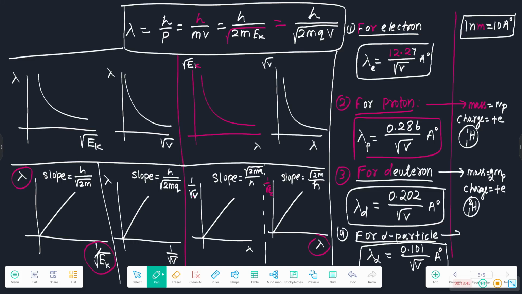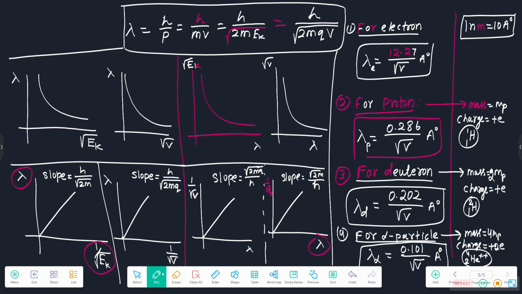Now next, if I come across the alpha particle, what is an alpha particle? Its mass is 4 times the mass of proton, and its charge is 2 times the charge of proton. So your alpha particle is 2He4, double plus.